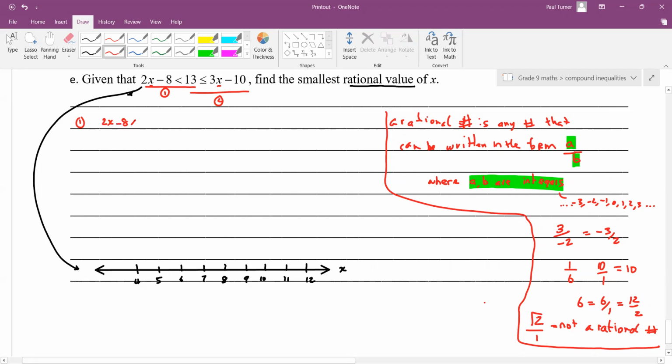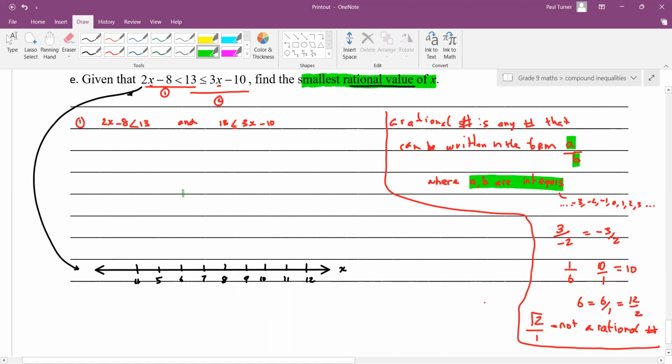2x minus 8 less than 13. And 13 is less than or equal to 3x minus 10. So do this like you just did on the last question. And then see if you can find the smallest rational number within your number line that you get in your final answer.